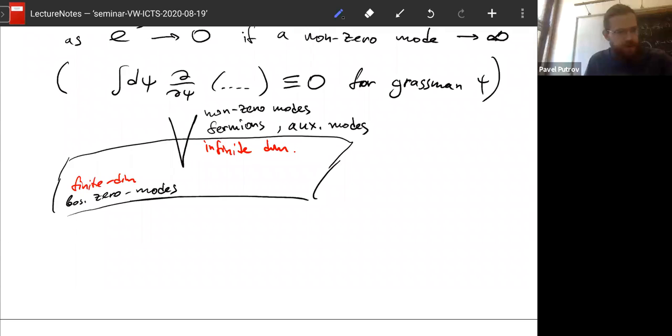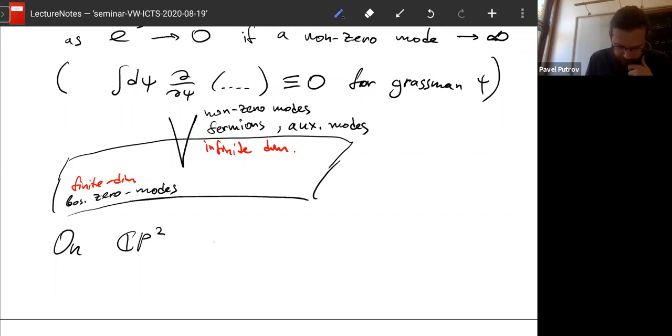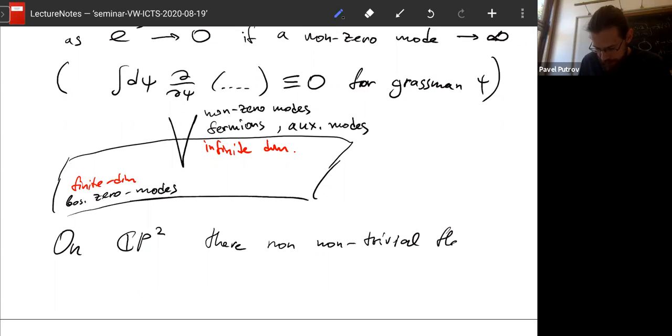So let's see. Okay, but first, what happens on CP2? On CP2, first one can notice that there are no non-trivial flat connections, because it's simply connected space.